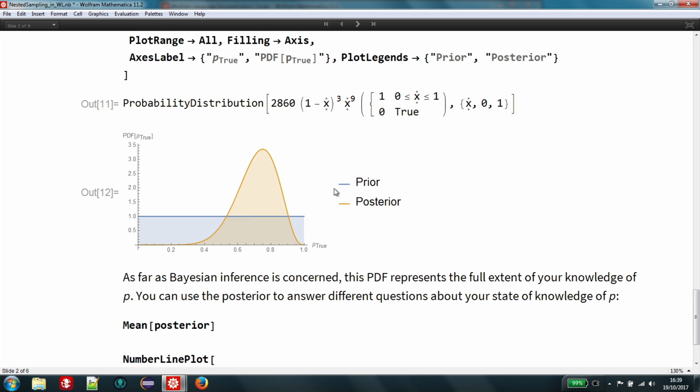So here was our prior. Our prior is we don't know p, so it could be anywhere between 0 and 1. And then after we've seen the data, we get this kind of bumpy probability distribution. Because we've seen many more truths than falses, obviously it skews the p-value a bit above a half. And this represents what we know about the p-value.